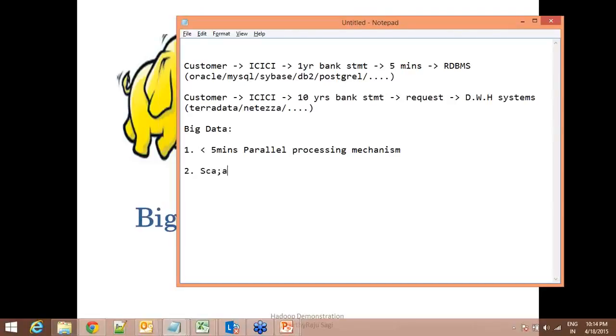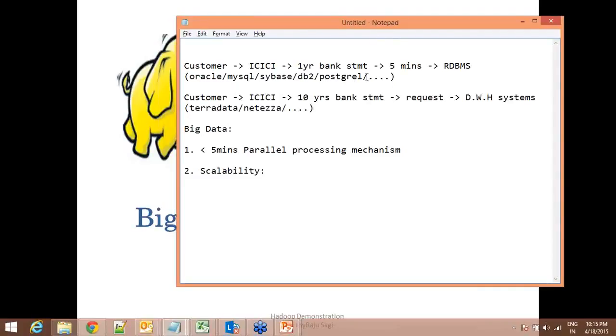And similarly, if you look at scalability. First of all, why did data warehouse systems come into the market in the olden days? Because of the limitations in RDBMS systems.